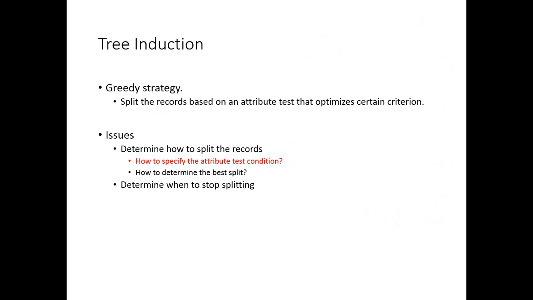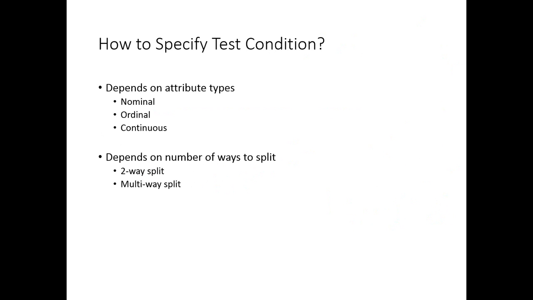The first thing we'll see is how to specify the attribute test condition. The test condition will depend on what kind of attribute we're looking at. Remember the same example: somebody is going to cheat or not. It depends on income. It depends on whether he is married or not.